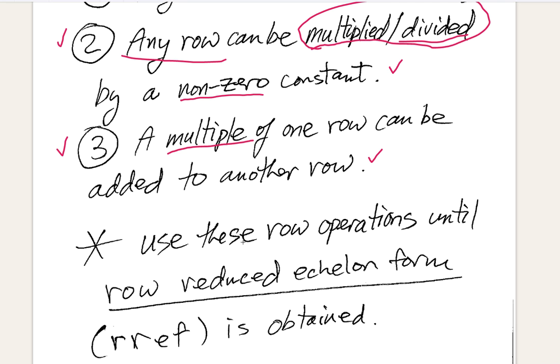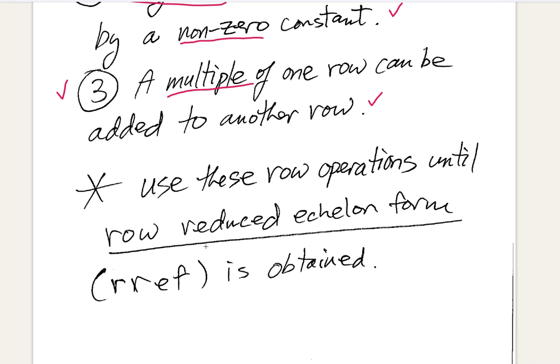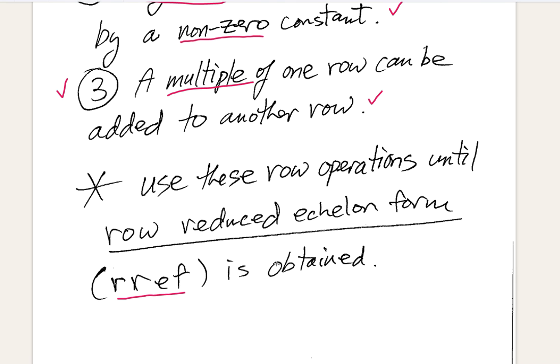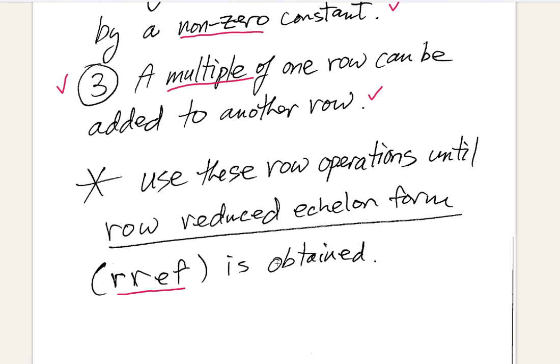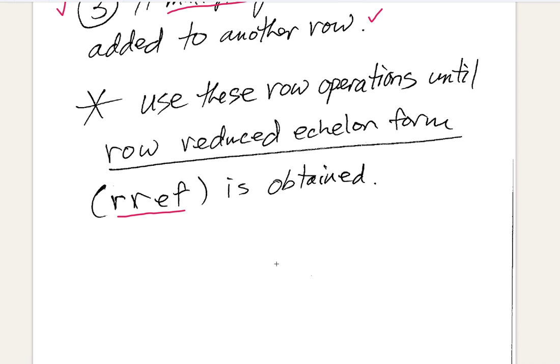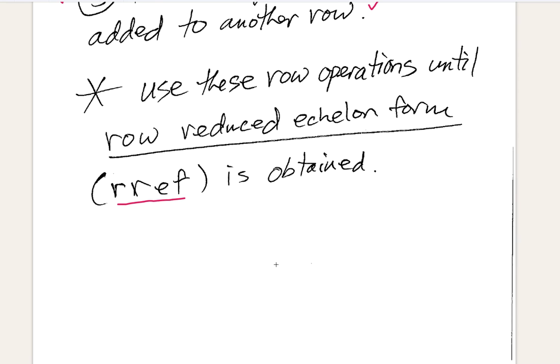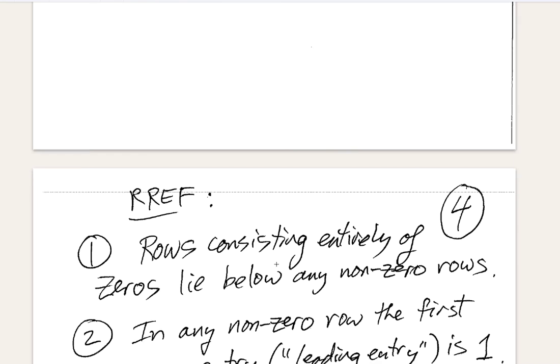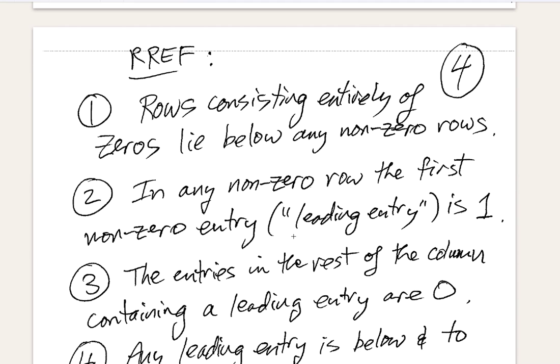Now, you want to use these row operations until you get RREF, row-reduced echelon form, for your augmented matrix. And now what is that? We finally have to be careful about defining that. But you want to keep doing it until you get that form. Now here it is. Rows consisting entirely of zeros lie below any non-zero rows.